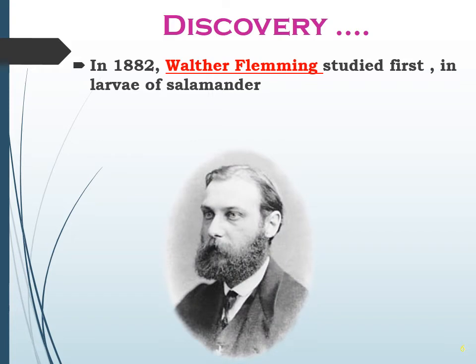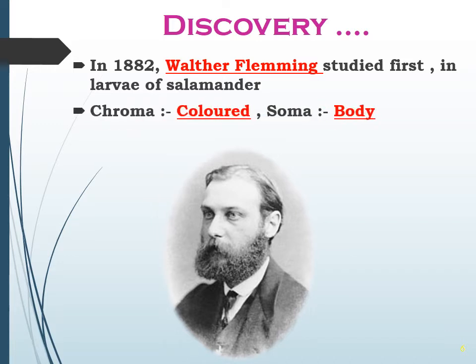In 1882, Walter Fleming first studied the chromosomes in the larva of salamander. Now when he took out the cells of salamander and studied them under a microscope, which was an old type, he succeeded in seeing minute thread-like structures which appear colored.